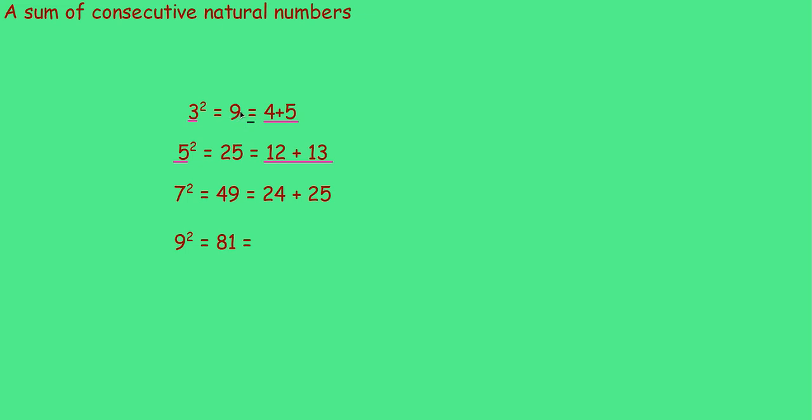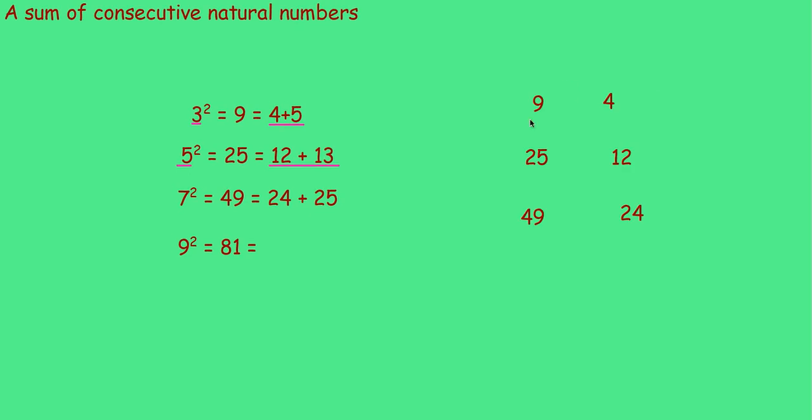Here the first number is 4. The square number is 9. From 9, how will you get 4? And here 5 square is 25, the first number is 12. How will you get 12 from 25? That is, from 9 you have to get 4, from 25 you have to get 12, and from 49 you have to get 24.